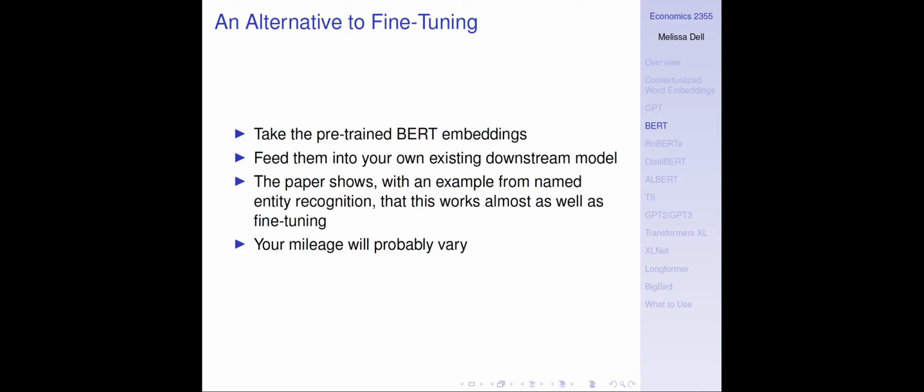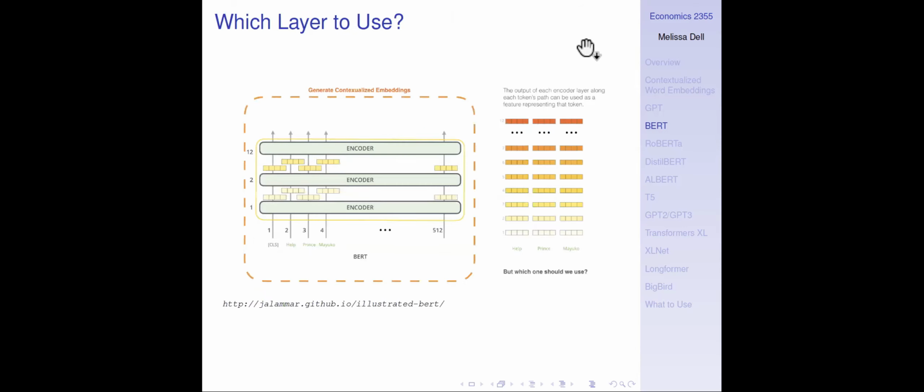And the paper shows with an example from named entity recognition that this works almost as well as fine-tuning. So obviously your mileage may vary depending on what you want to do, but rather than taking the whole model and fine-tuning it to your task, you could take the representations from that model and feed them into your own downstream model.